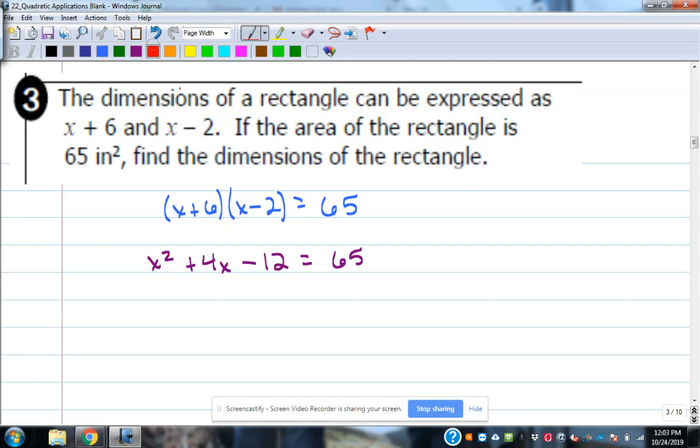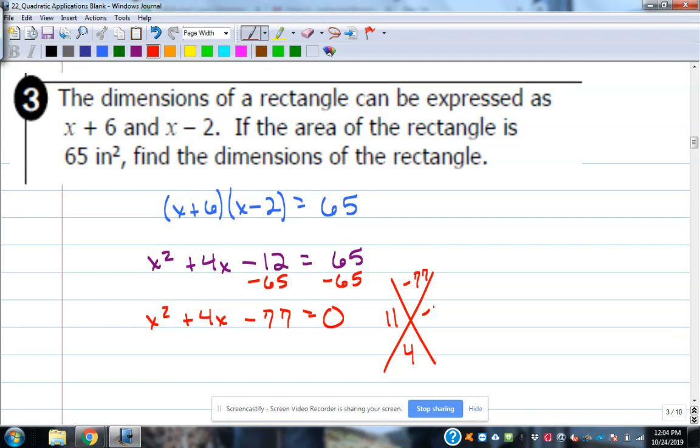And then we would move the 65 by subtraction. We get x squared plus 4x minus 77. And that's a pretty small number, so I'm going to try factoring first. Multiply to be negative 77, add to be 4. 11 and negative 7. That's right.